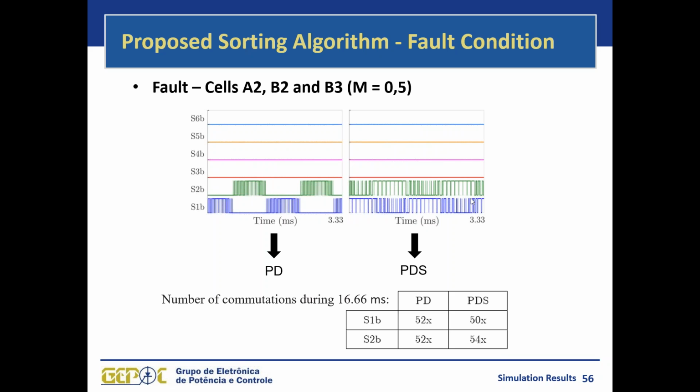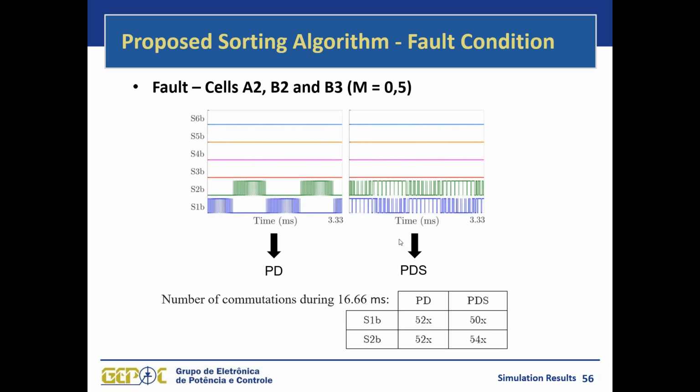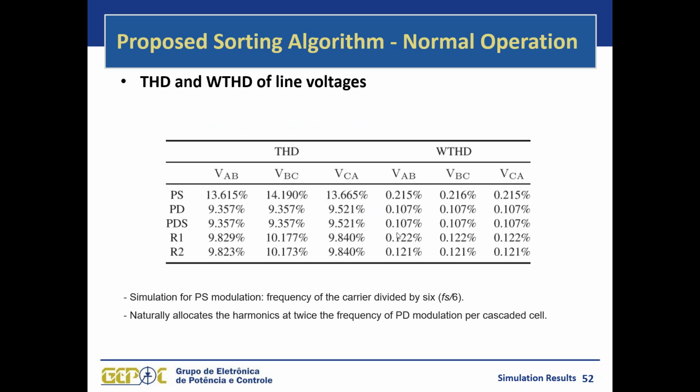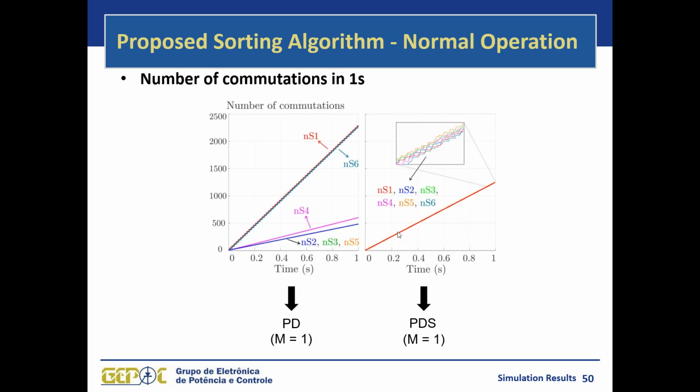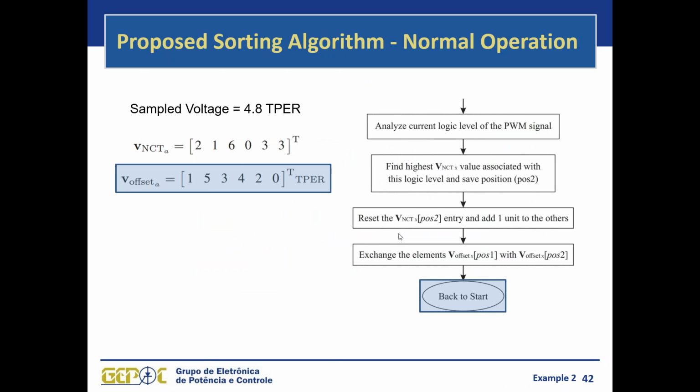Okay. And does this even distribution have any impact on the power loss? Yes, they do. Let me see if I have these results here. Let me find the slide in just a second.